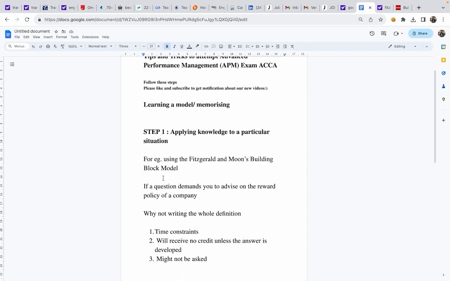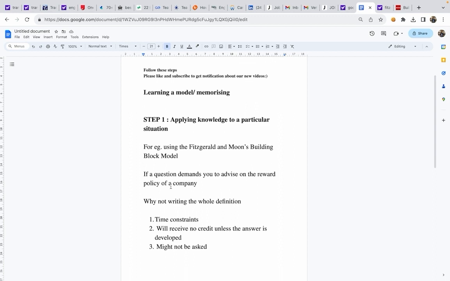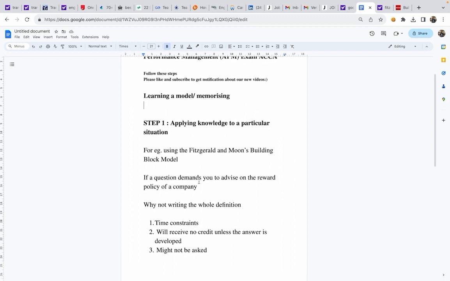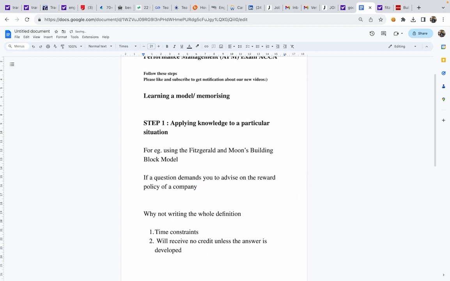For example, for the APM paper, if we are using Fitzgerald and Moon's building block model, and a question asks you for advice on the reward policy of a company. Let's take an example, ABC company.